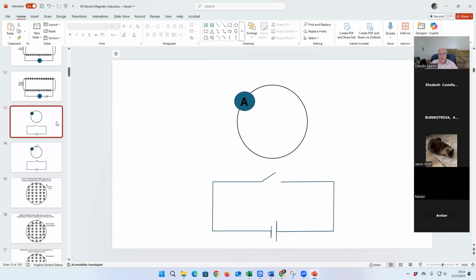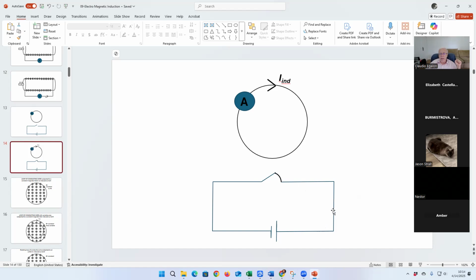The second way that I stated is by having a circuit with a battery. Right now, the switch in the circuit is open. No current is flowing through the circuit. But the moment I close the circuit, there will be a very small amount of time in which the current is going to build up in the circuit.